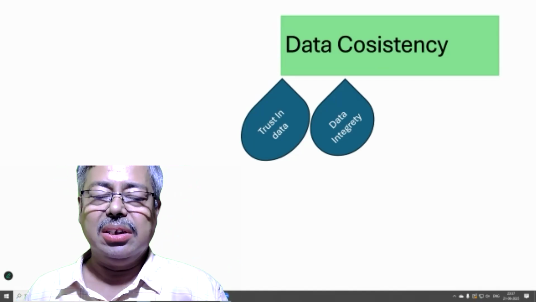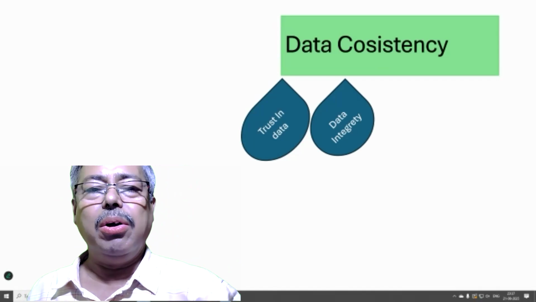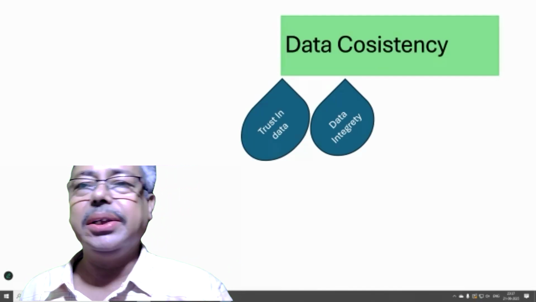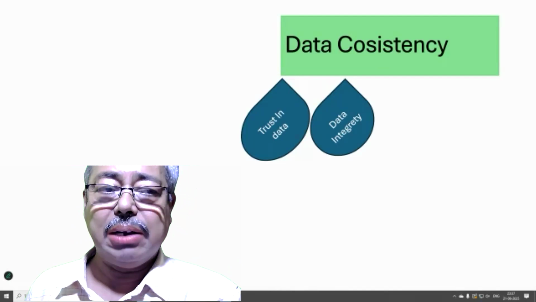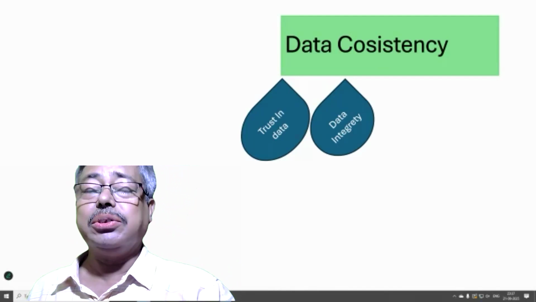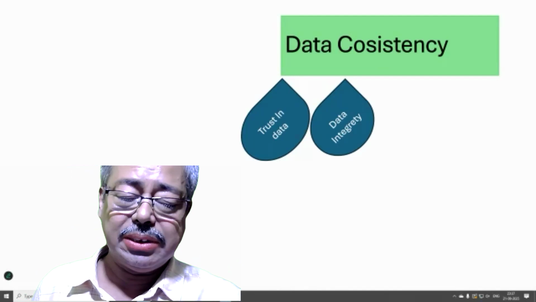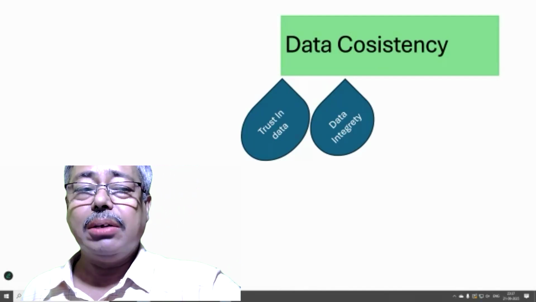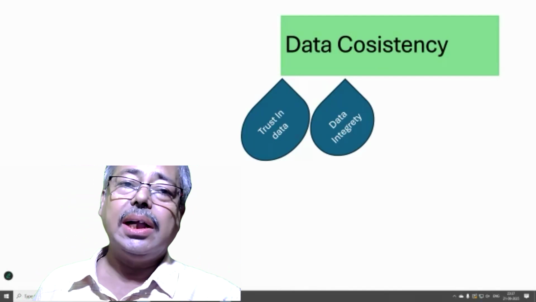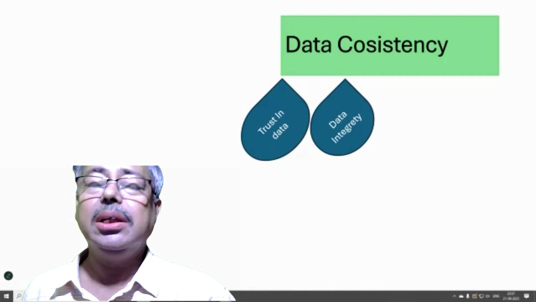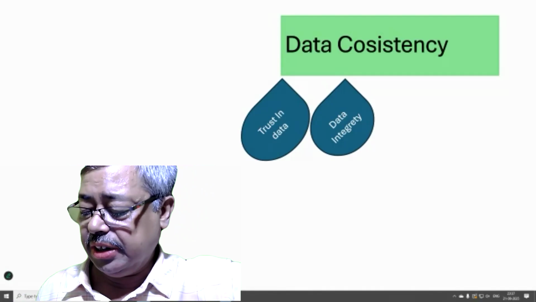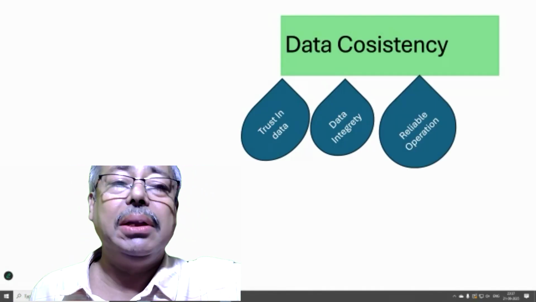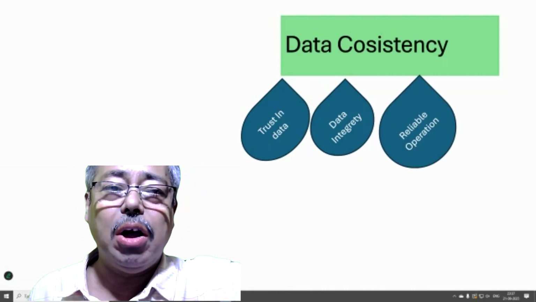If I withdraw money from an ATM, I believe in the data system and the accounting in this system. When I withdraw money, it will be debited from my account, and if I deposit some money, it will be credited to my account. This is data integrity, data reliable operation. I believe in the operation.